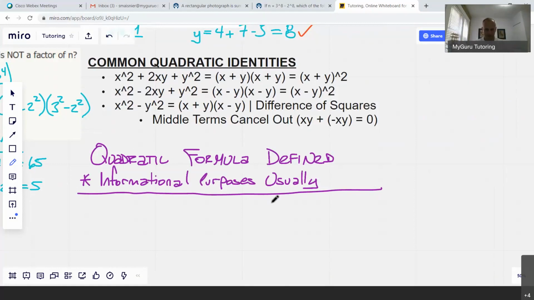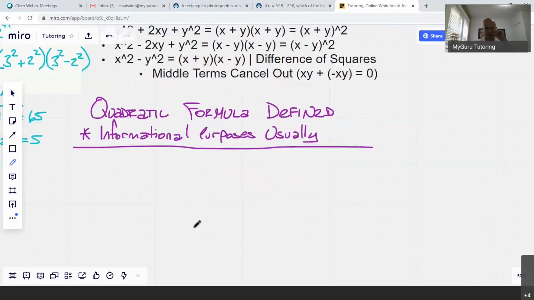If you're using the formula, you are probably looking at a situation where you could have solved the problem in a more efficient, logical way.